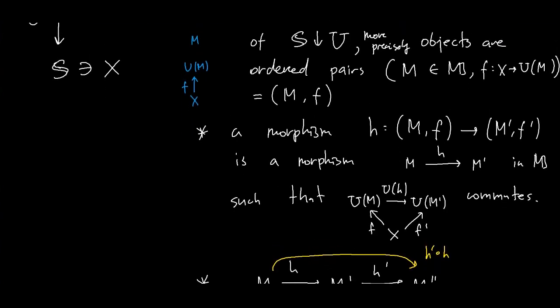Now let's visualize what morphisms are. So if this is an object, and I take another such object, F prime and M prime, keeping in mind that it's the same X, I could actually redraw this.